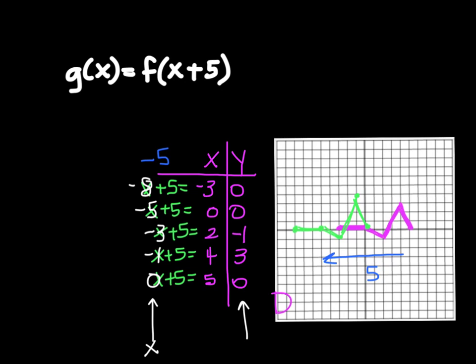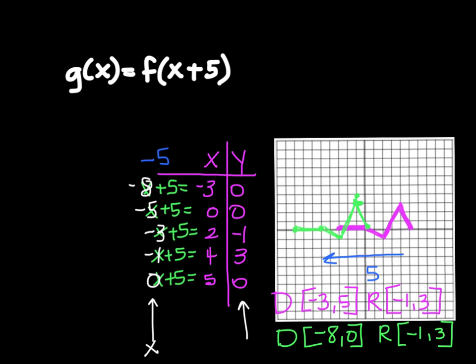So let's just look real quickly at the domain and range. We know the domain of the purple is negative 3 to 5, and the range of the purple is negative 1 to 3. With this shift, the domain went to negative 8 to 0, and the range went from negative 1 to 3. And this point should be right here.